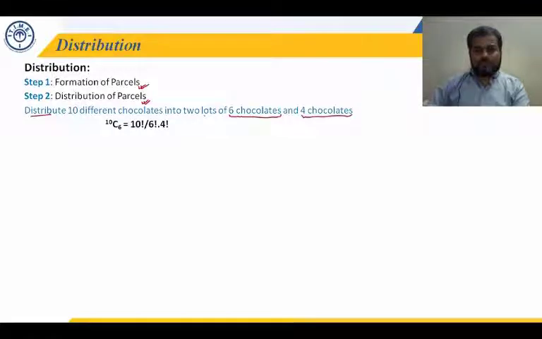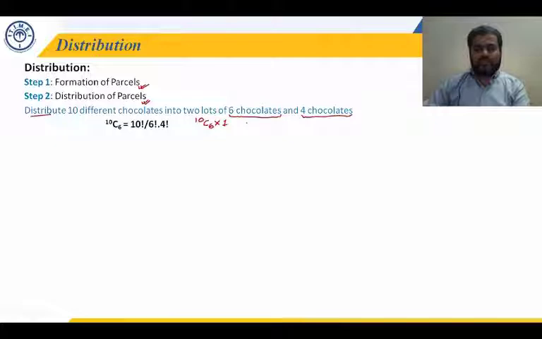So this is how we can do this. Out of 10 different chocolates, you select 6 chocolates first, so 10C6, and then the 4 remaining chocolates are themselves another lot. Once you select 6 chocolates out of 10, the remaining 4 is by default another lot. So it is basically 10C6 into 1.